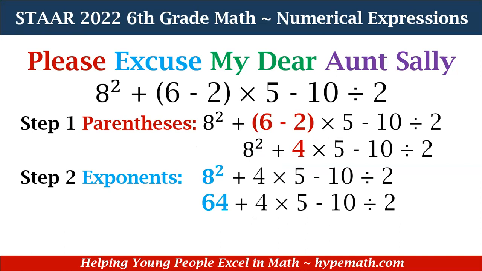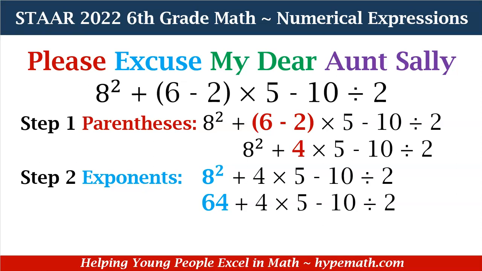Let's look at another expression. And yes, baby, this one is a doozy, but we got it, 6th graders. Our expression is 8 squared plus, in parentheses, 6 minus 2 times 5 minus 10 divided by 2. So what are we going to do first? Our parentheses. In our parentheses, we have 6 minus 2, that is equal to 4.